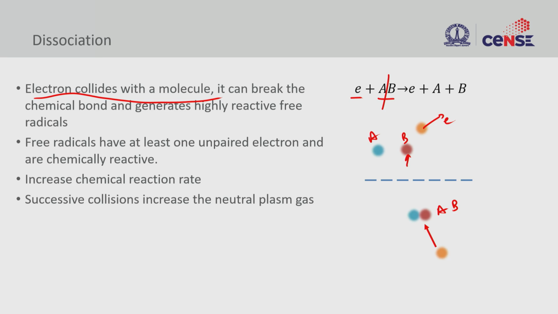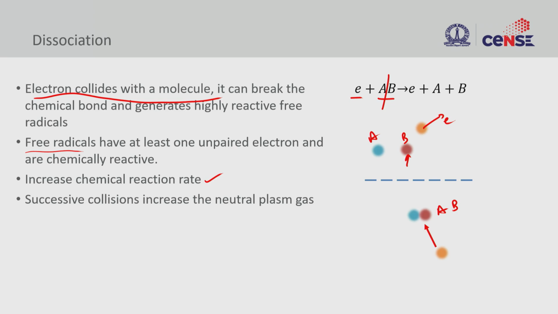So this will create free radicals, and these free radicals are very important. They will have at least one unpaired electron, and more importantly they are chemically reactive. That is what you want in a plasma. If you want to do etching, you want to make sure that these molecules are reactive. They can react with our substrate, and this would increase the chemical reaction, as I mentioned.